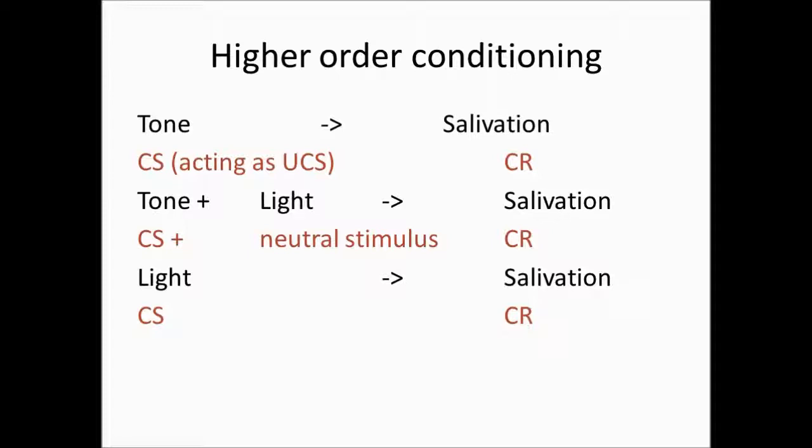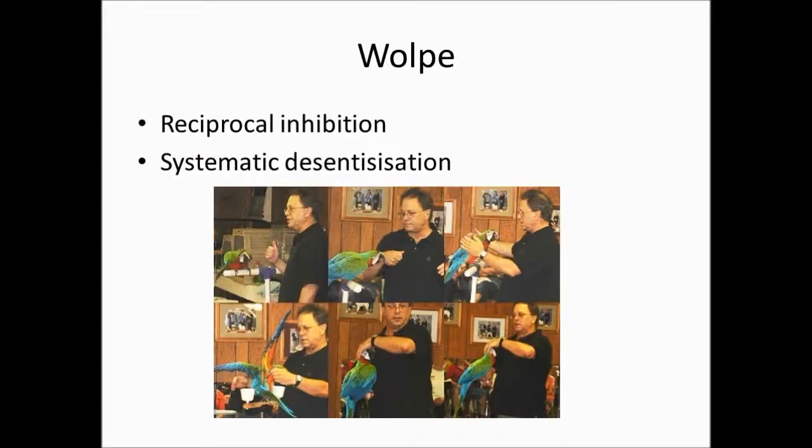So we're using the tone in the place of the meat powder here, and going through the phases exactly the same way. The tone produces salivation, conditioned stimulus results in a conditioned response, and then the conditioned stimulus plus a neutral stimulus results in a conditioned response. We take away that tone and we get salivation. So a conditioned response. Higher order because we've already been through a round of conditioning. We're moving it on to the next.